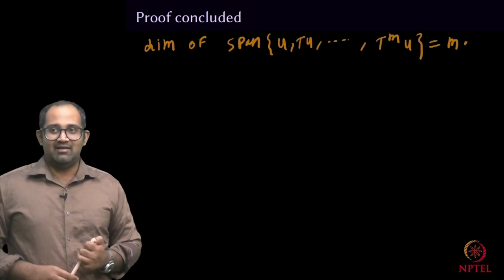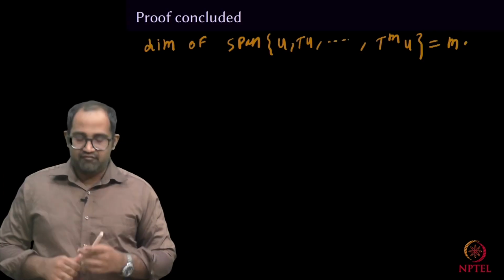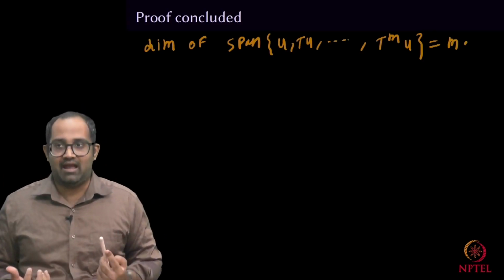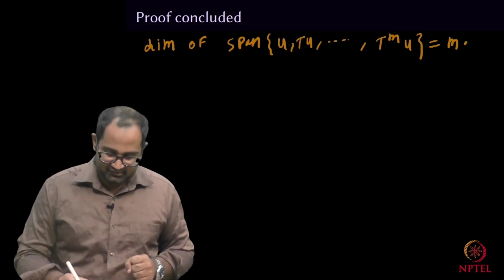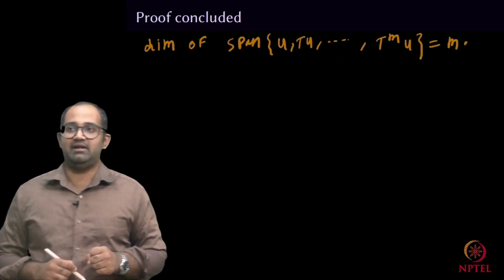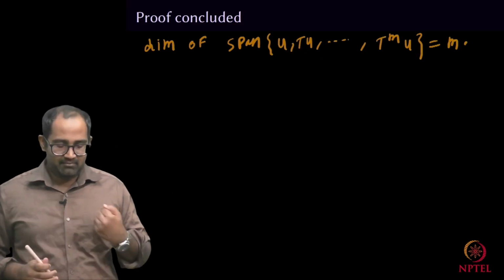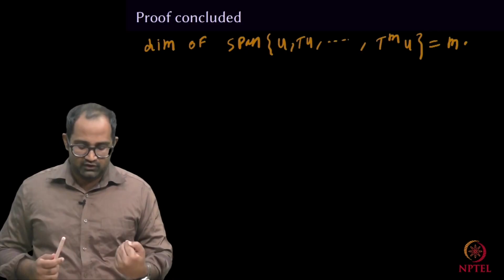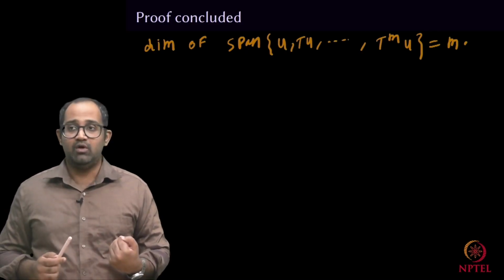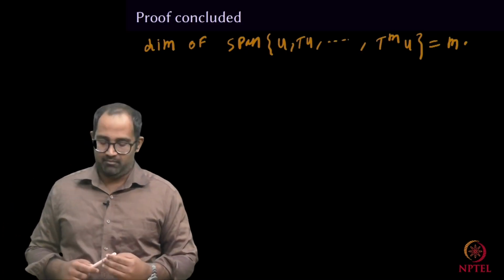This is because we chose that minimal m such that this list is linearly dependent.